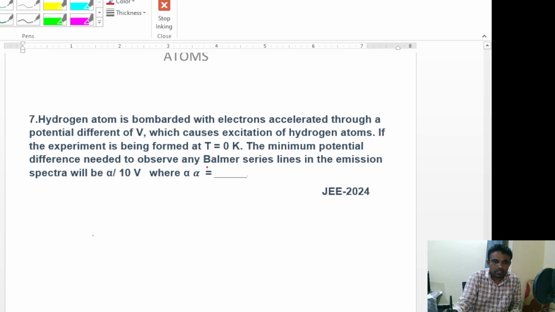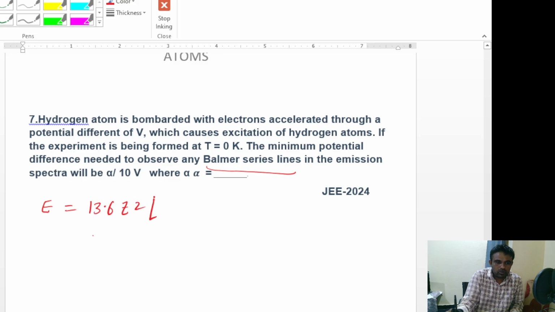So given the Balmer series, the energy formula is equal to 13.6 Z square into 1 by n1 square minus 1 by n2 square for the Balmer series.